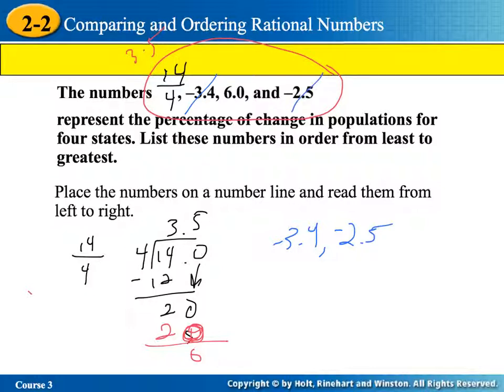Which one's farthest to the left? 3.5 or 6.0? Well, 3.5 is, so because I started off with 14/4, I plugged 14/4 back in. Even though we know it's 3.5, we just changed it from 14/4 to 3.5 just so we could get them in the same form. So 14/4, that's going to be in my answer, and then 6.0.